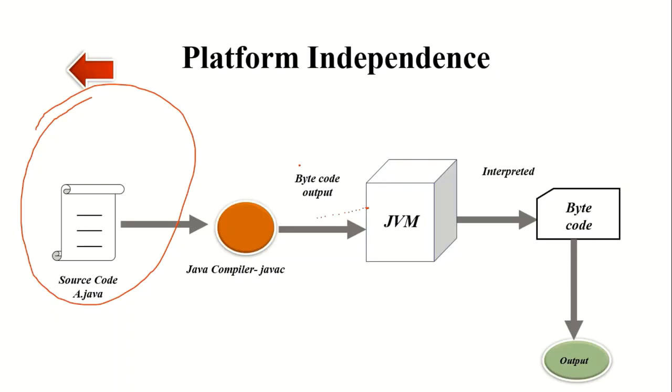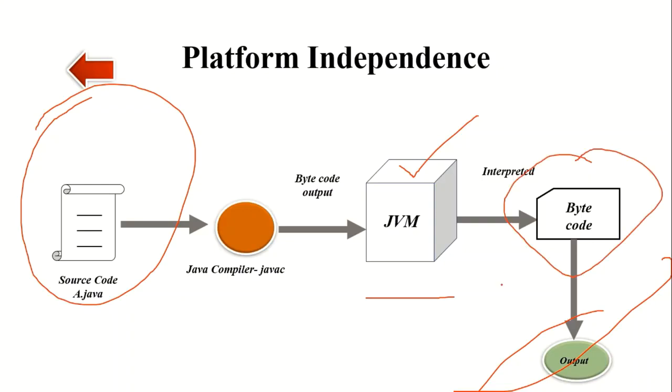Now there we will have a particular JVM that will convert the bytecode into a particular machine code so that we could get the corresponding output. Now, if this is executed on a Linux machine, then there will be a JVM for the Linux machine that will interpret the bytecode into machine code so that we will visualize the output.